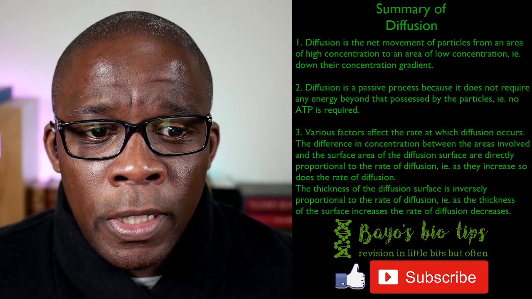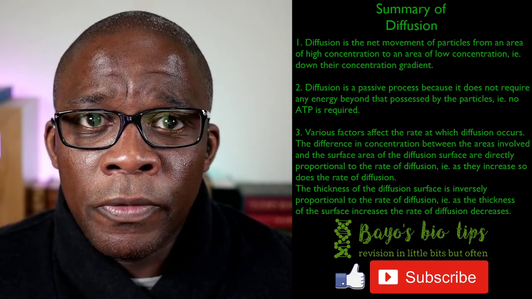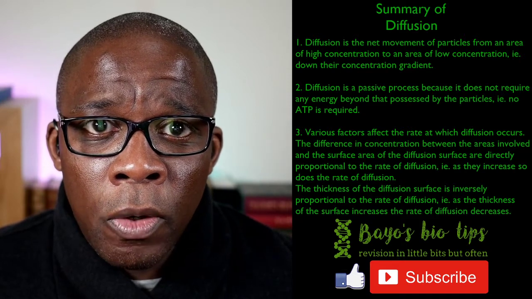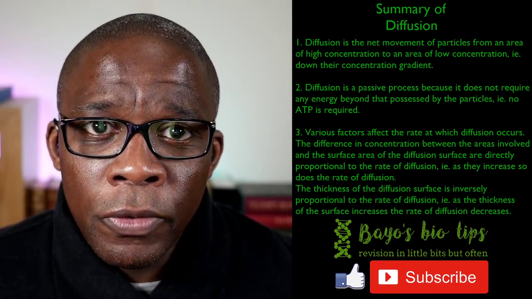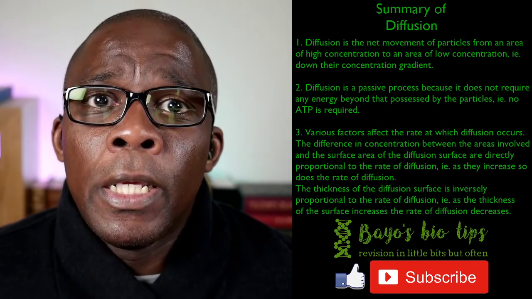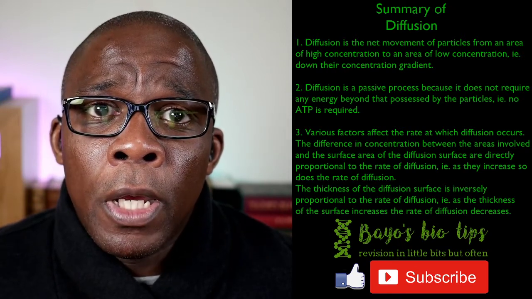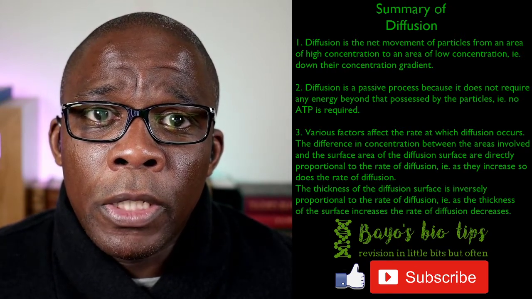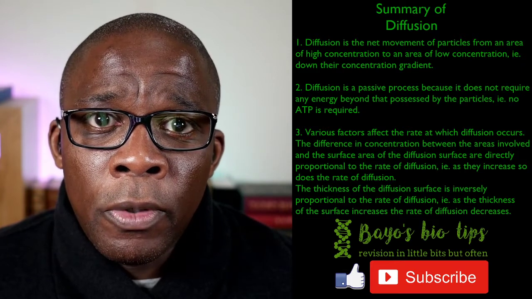And then finally, we talked about how various factors affect the rate of diffusion. So, for instance, if you have a high surface area for diffusion to take place, diffusion will happen much faster.